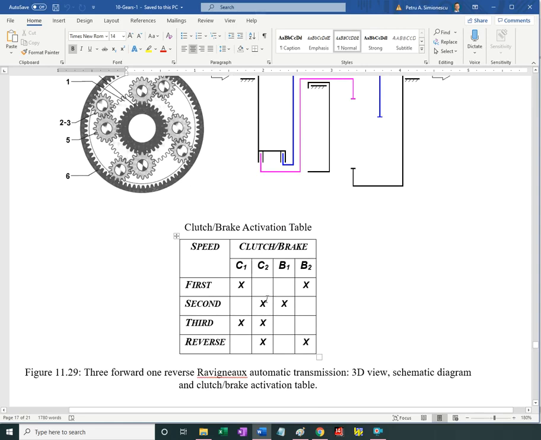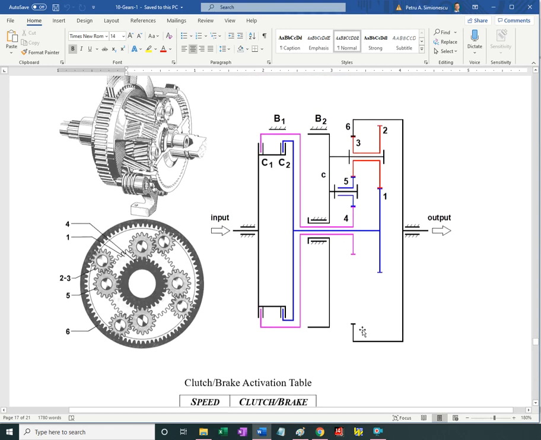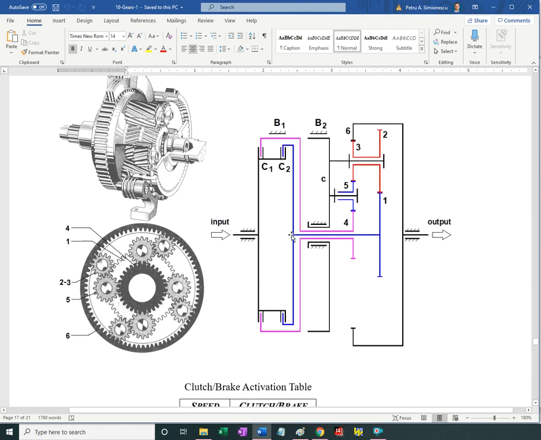Second gear, I have C2 engaged and brake B1 applied. So with C2 engaged, the input goes to number 1, and with B1 applied, the sun gear 4 has omega equals 0. So this is where the unit operates as a planetary transmission with the flow of motion going in like so.